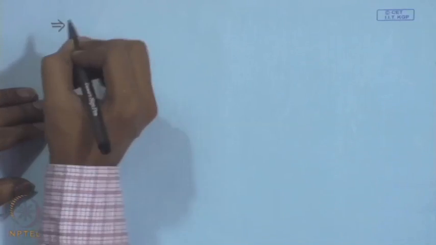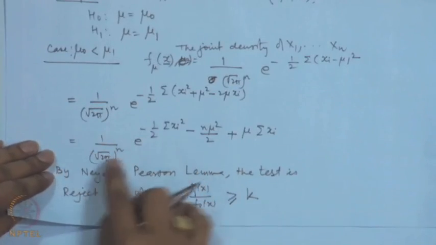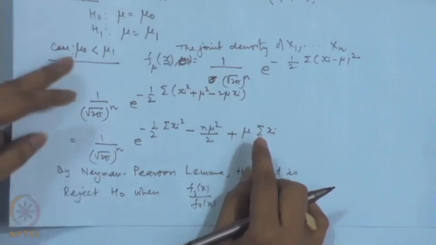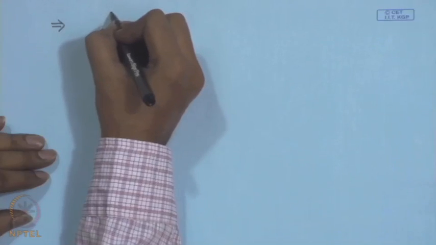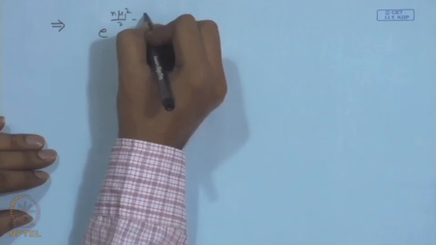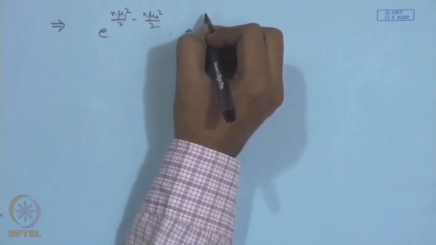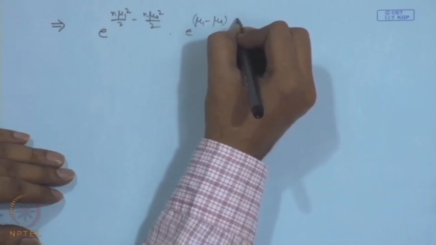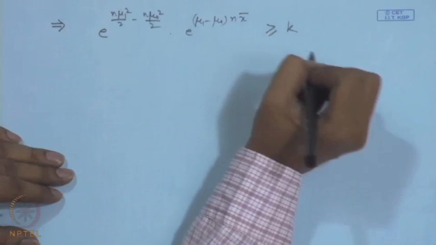So, this condition is equivalent to, now here we are having f 1, here mu 1 is coming and in f naught we have mu naught. So, when we write the ratio, these terms get cancelled out. We are getting e to the power n mu 1 square by 2 minus n mu naught square by 2, e to the power mu 1 minus mu naught sigma x I, we can write as n x bar, greater than or equal to k.